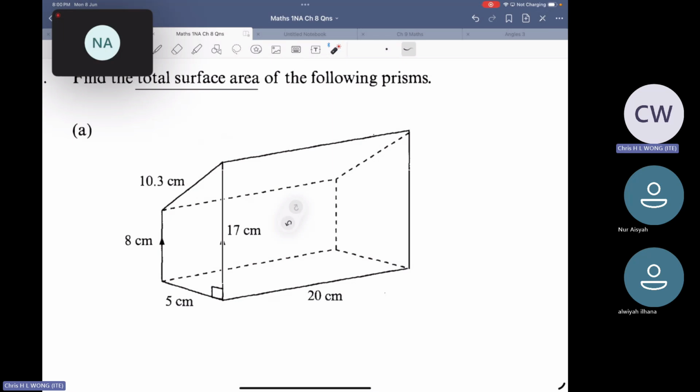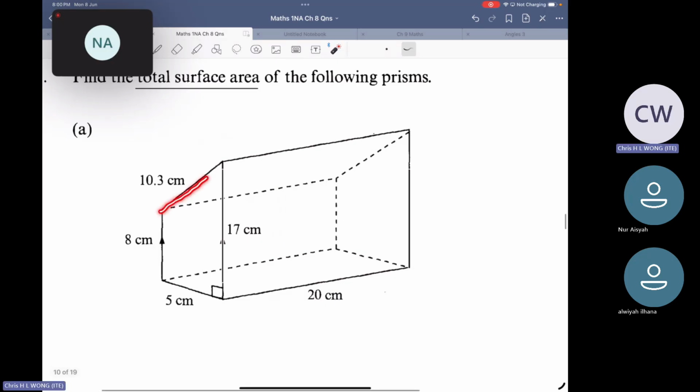Is this a prism? First of all, they tell you it's a prism, right? So where is the front? Where is the back? If you are talking about a prism, your cross-sectional area must be the same. Where is the cross-sectional area that is the same? The front and the back, isn't it?